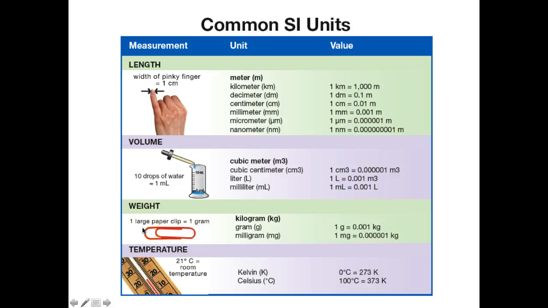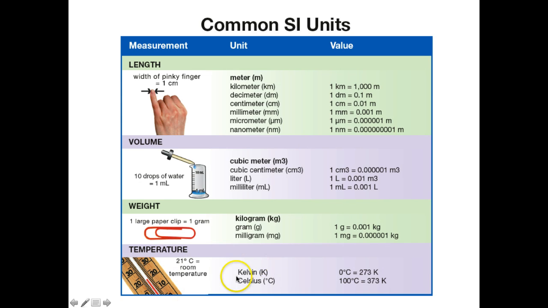When we're talking mass, a large paper clip is about 1 gram. It's helpful because I'll be asking you to think of common everyday objects that can help you remember the size of different metric units. For temperature, think about 21 degrees Celsius as room temperature.